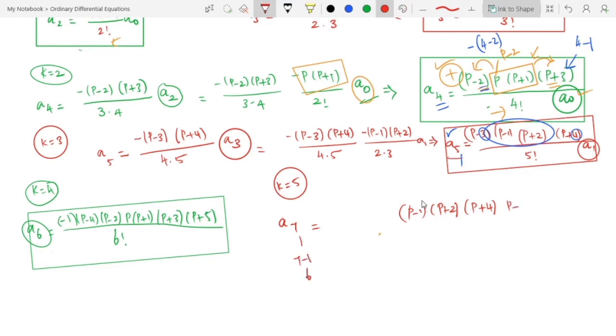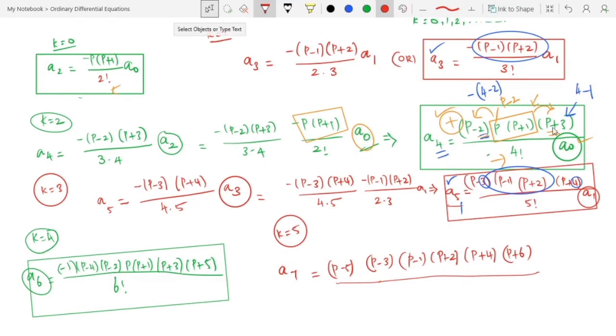So next one, p plus 4 plus 2, that is p plus 6. Now come to the left side. We have to subtract 2 from the previous, that is p minus 1 minus 2, that is p minus 3. Where to stop? The number 7 minus 2, that is 5. Up to 5 we have to write p minus 3, p minus 5.